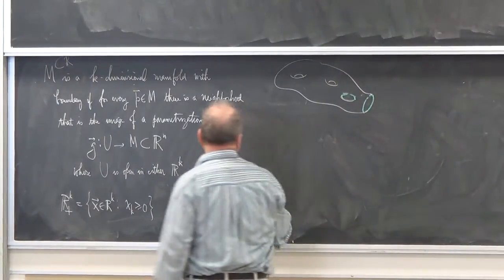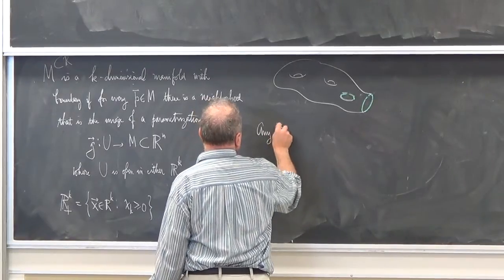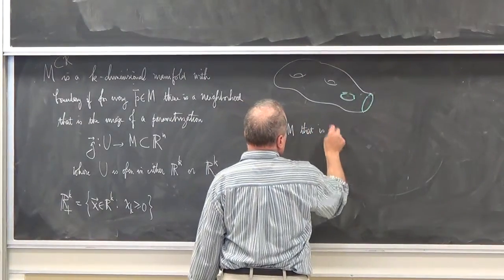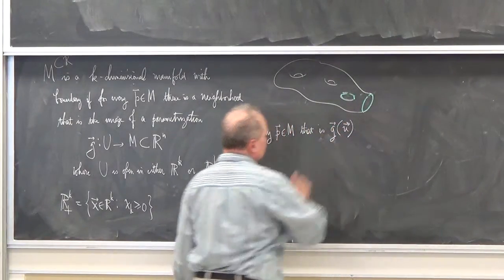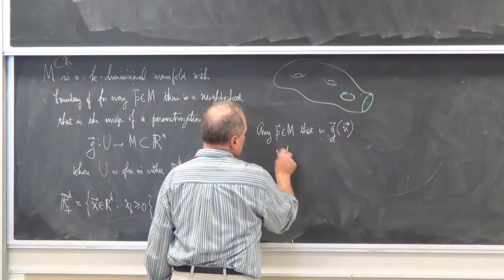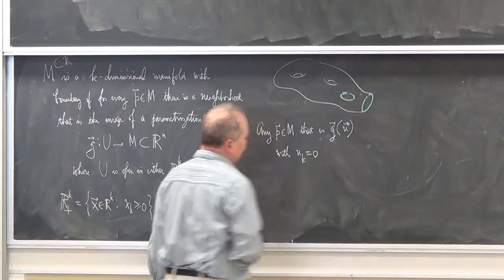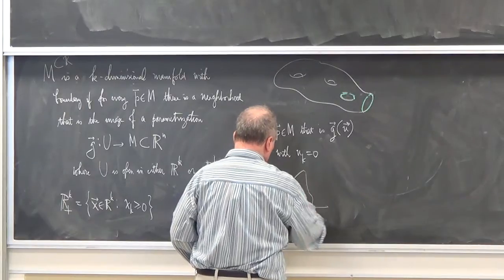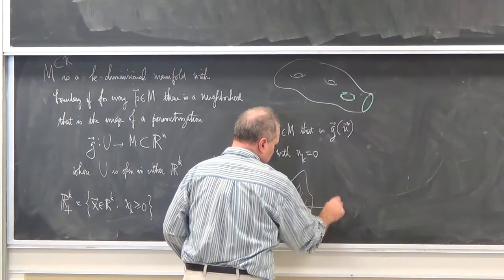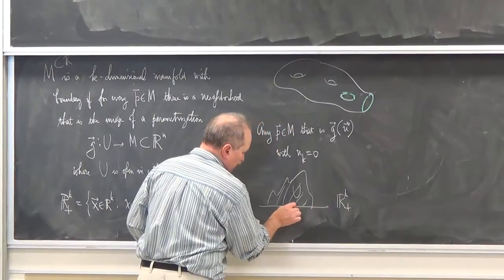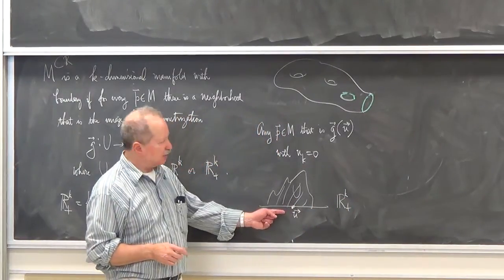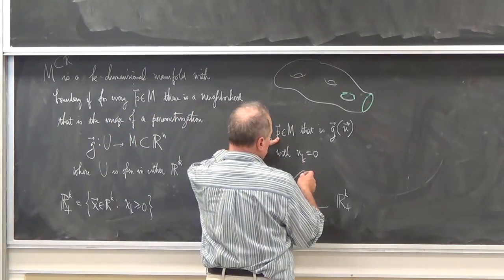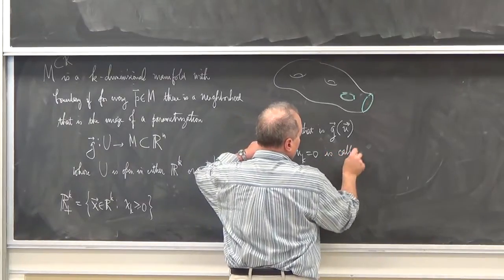So any p that is the image, so it's G of some u with u_k equal to 0. So if you have some parameterization that's working from a piece of R^k_+, and you've got a point coming from the boundary of R^k_+, namely a point where the kth coordinate is 0, then such a point p is called a boundary point.